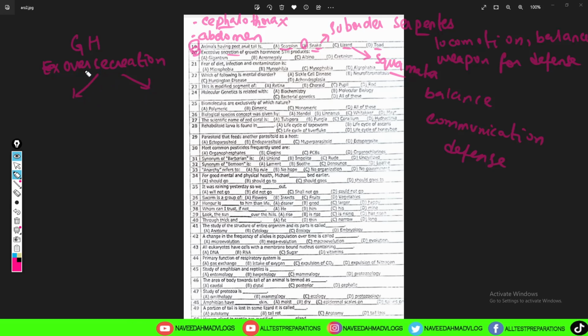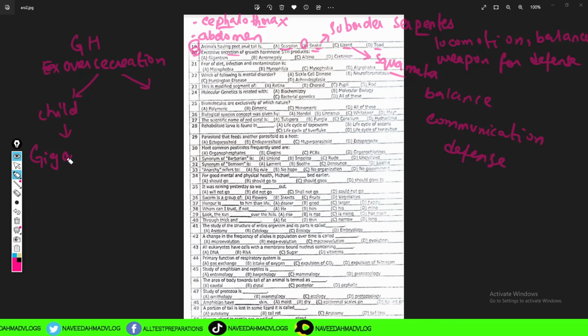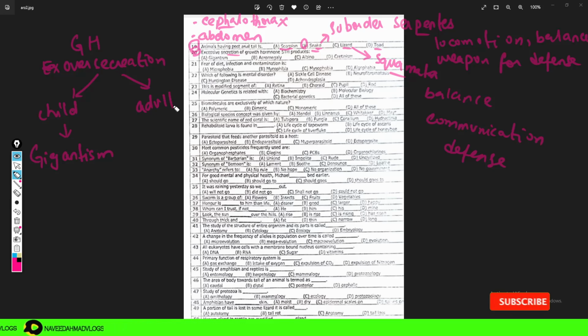If the growth hormone is over-secreted in a child, then it causes gigantism. While if growth hormone is over-secreted in adults, then it causes acromegaly.